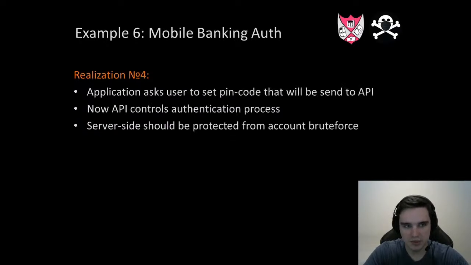In case of the last realization, the user can use any pin code because there is no limitation. And we can ask, for example, for a bigger pin code like 6 symbols, maybe 8 symbols, any pin code.